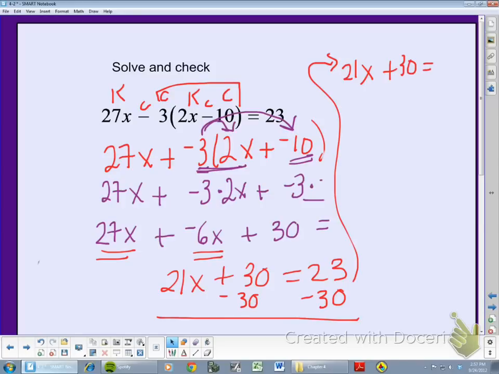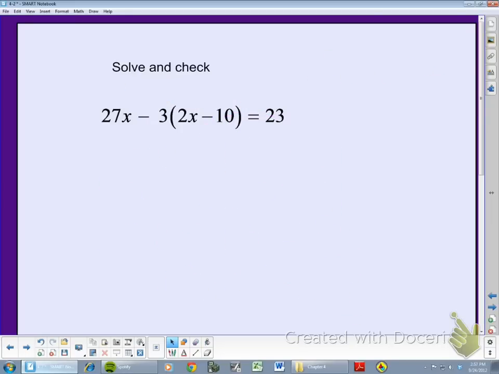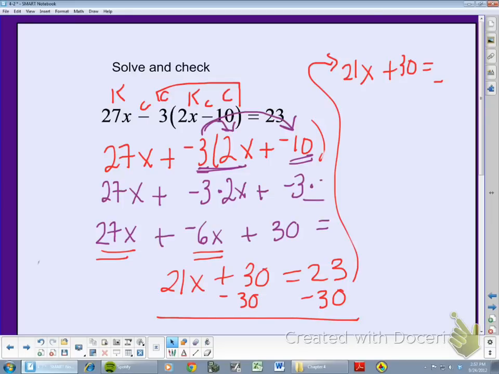Whoops. Is equal to -7. Oh, shoot. Okay, -7. So here, 21x plus 30 is equal to -7. So now we can start, because there's no like terms on this side. Those aren't like.